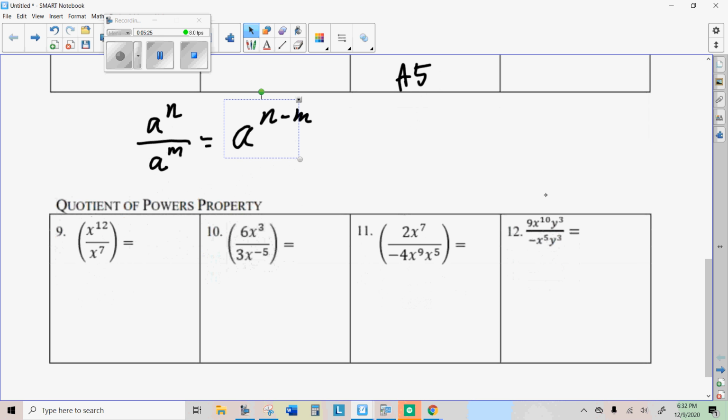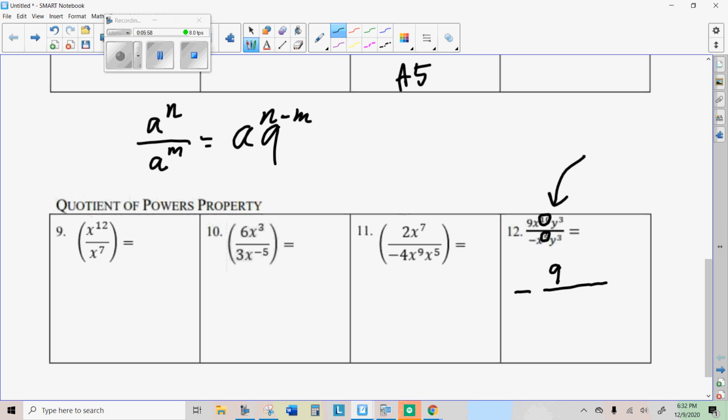I think I'll slip on down here and do number 12 for you there. And so what I'm going to do is, first of all, we have a positive number on top, a negative on the bottom. So this is going to be a negative answer. So let's just make note of that, negative answer. All right, and on top, for sure I have 9. I have nothing to divide that from, but I'm going to subtract the 10 and the 5.